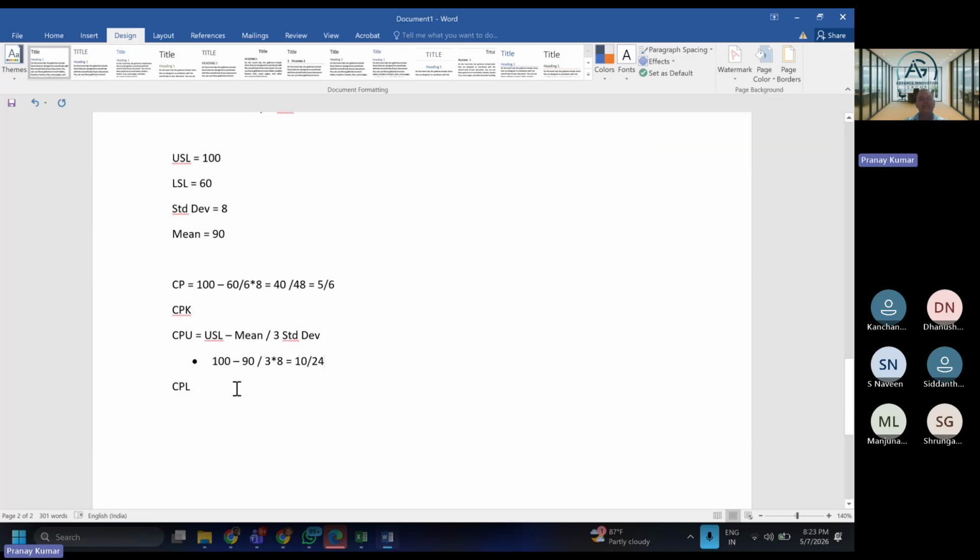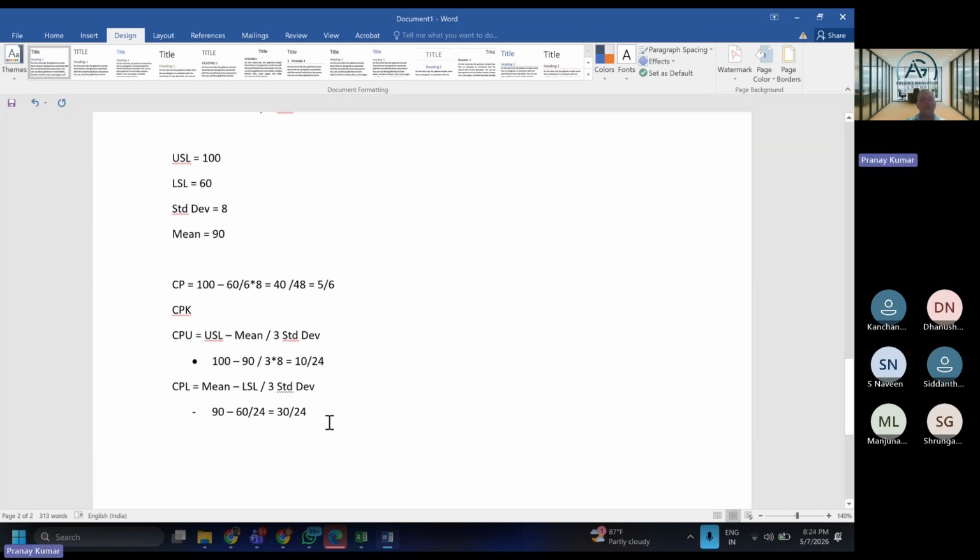My CP on my lower side will be equal to mean minus the LSL divided by 3 standard deviation. Mean 90 minus LSL 60 upon 24, 30 by 24.